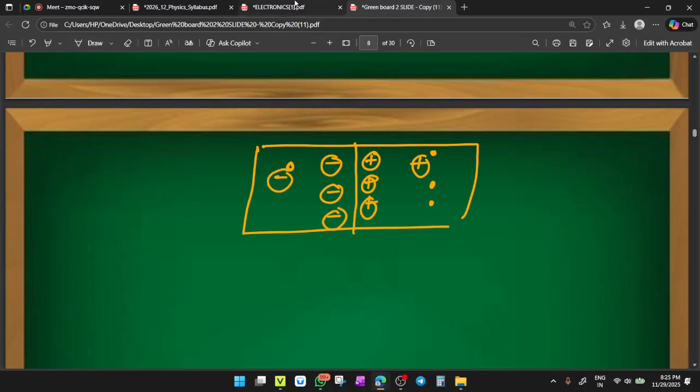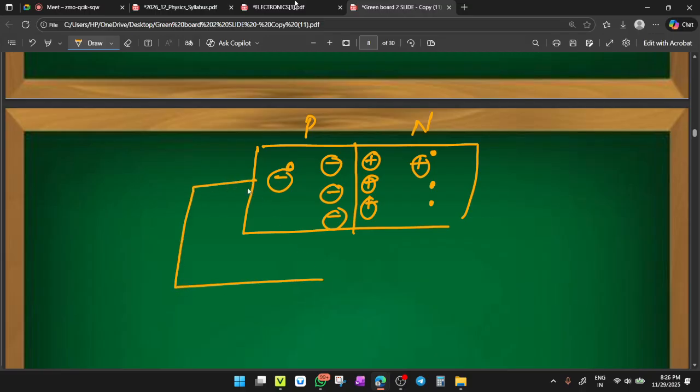So students, when you apply the reverse biasing, you connect the P-type material with the negative battery. This is the depletion layer. And the N-type with the positive battery.